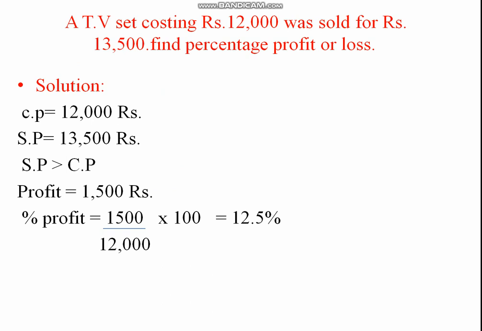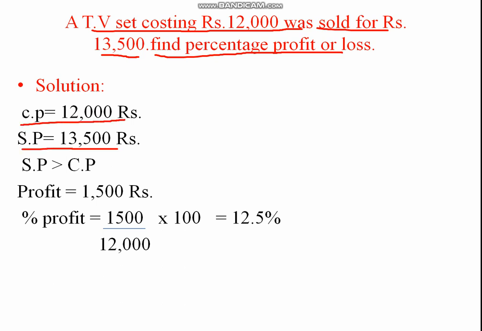Now see the next problem. A TV set costing rupees 12,000 was sold for rupees 13,500. Find the percentage profit or loss. So according to the given question, see the solution. Cost price of 12,000 is given and selling price of 13,500 rupees is given.